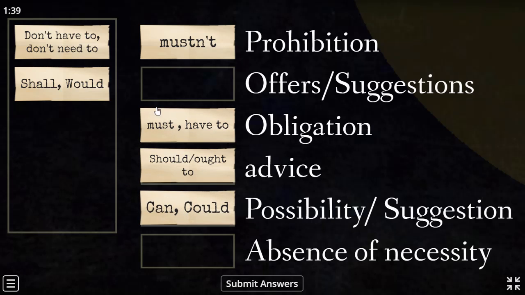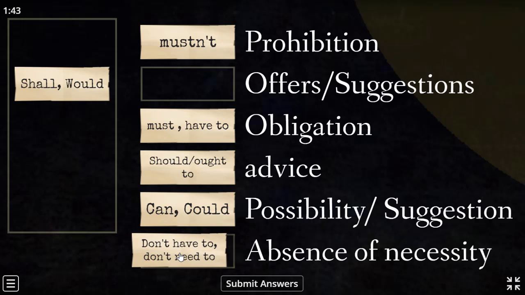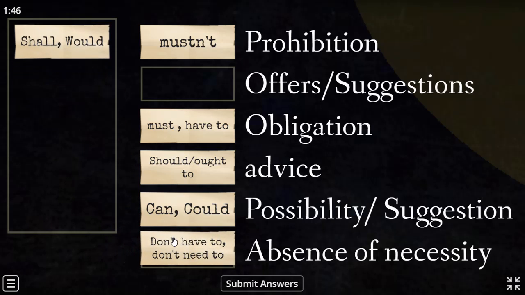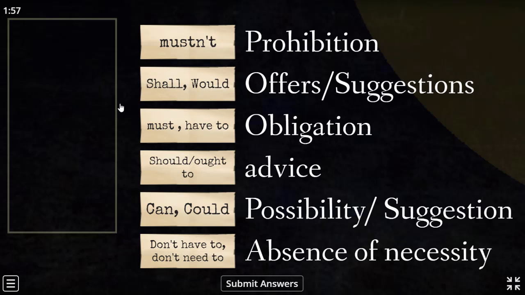Include absence of necessity: don't have to or don't need to do something. So which one can be used to offer or to propose or to suggest? Shall and would. So shall we correct the answers and once again verify whether you have understood and assimilated all the given content during the previous lesson? Let's do it.